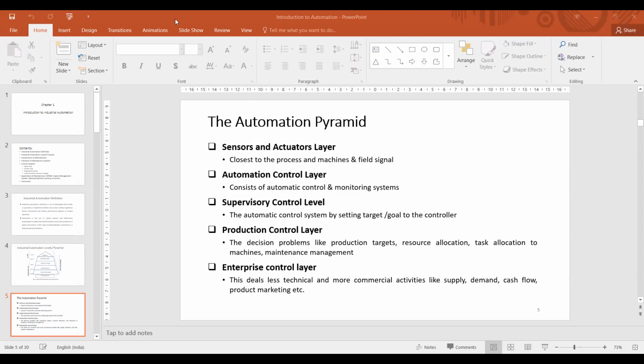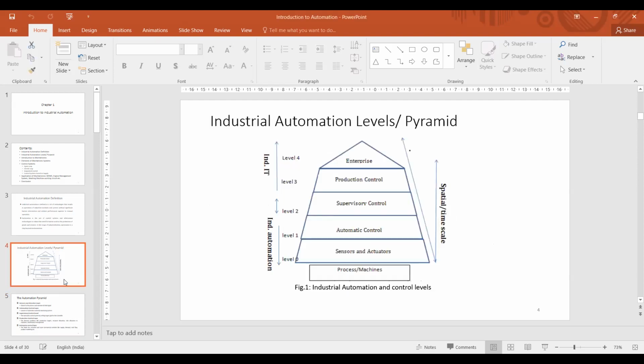Okay, so continuing with chapter 1, the introduction to industrial automation. We tried to understand the various levels of automation yesterday, and why the spatial to time ratio is increasing as we go upwards. Spatial here means how much a particular level is involved with the given process.